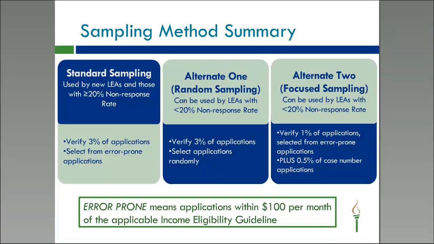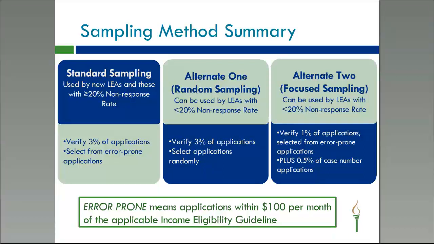So error-prone applications are applications within $100 of the monthly eligibility guideline, or within $1,200 of the annual eligibility guideline. So that's the difference between standard and the others, is that you're selecting from error-prone applications. So you verify 3%, but you have to select from error-prone applications.